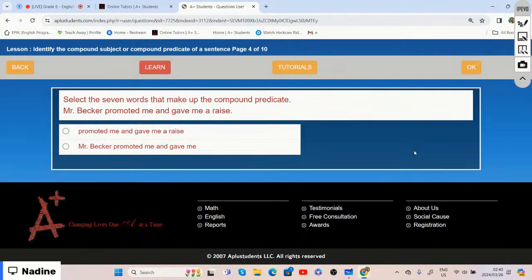It says, Mr. Baker promoted me and gave me a raise. Is it promoted me and gave me a raise? Or is it Mr. Baker promoted me and gave me?